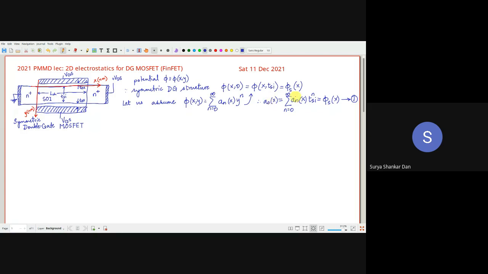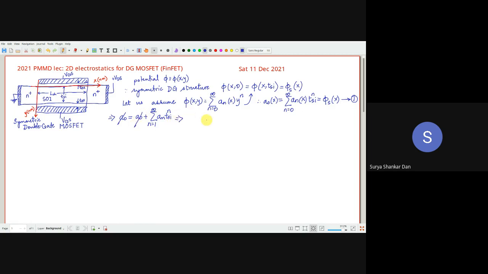Now if we take the first two sides of this equation, you are left with a0 is equal to, what is the first term over here? n equal to 0, that is a0 TSI to the power of 0, that means 1, plus the summation of n equal to 1 to infinity of the rest of the terms. So clearly this a0 and a0 will cancel.